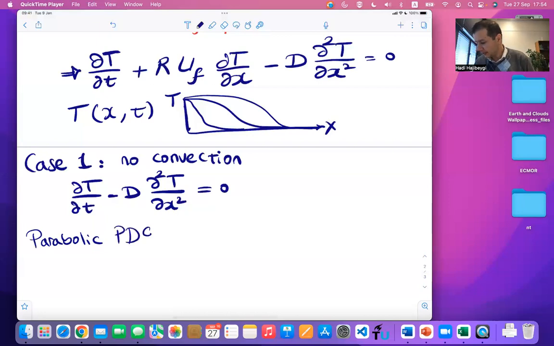Parabolic PDE means it's global. If you change temperature in one location, all locations will understand, and it takes time till everybody feels the change fully. But immediately they understand temperature has changed, it takes time till the significance of it reaches the steady state and becomes the maximum impact that they would get from that change of temperature.